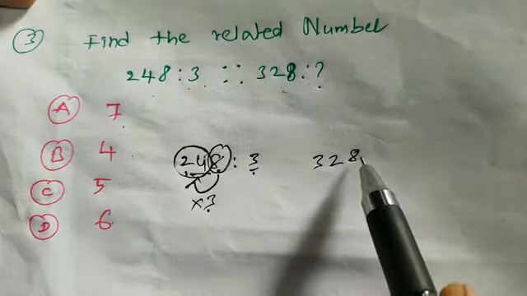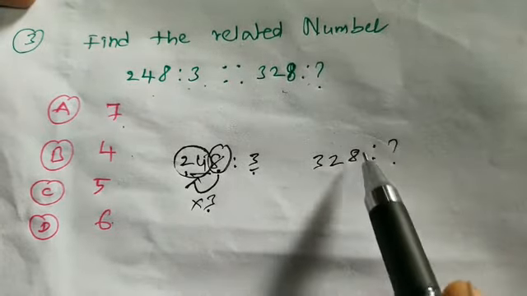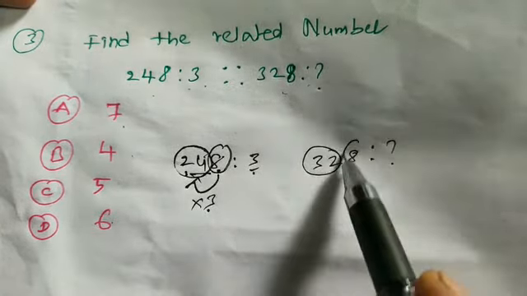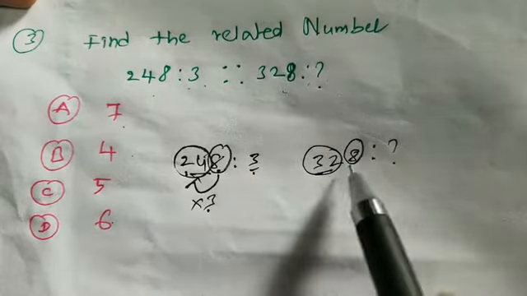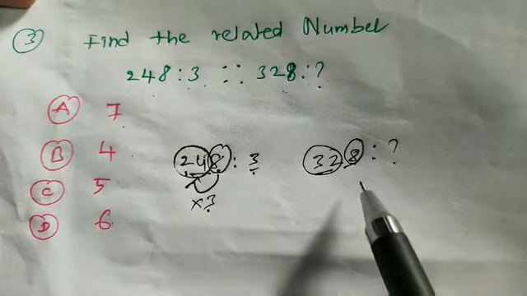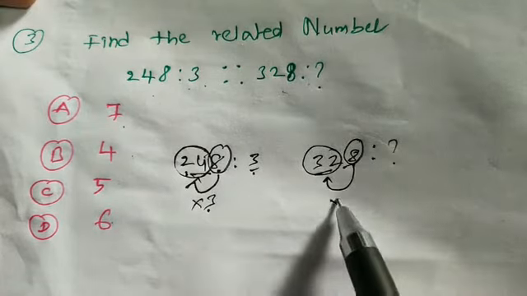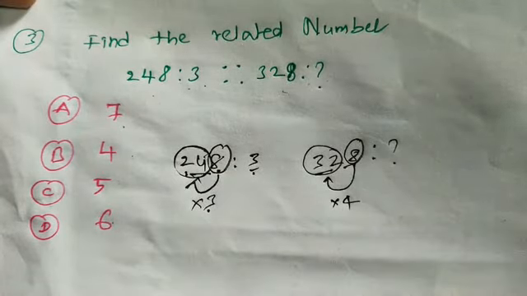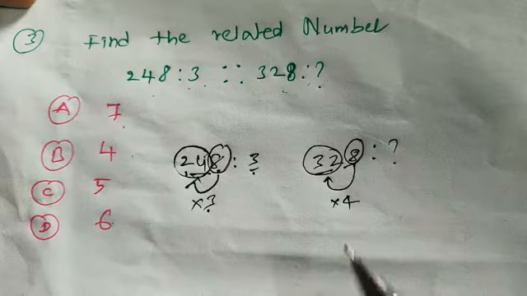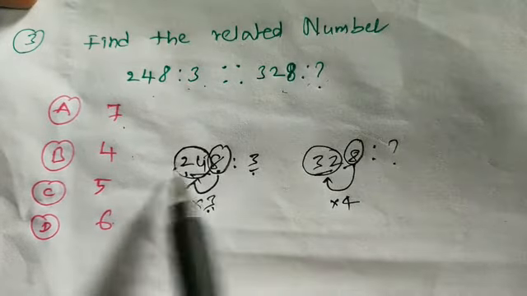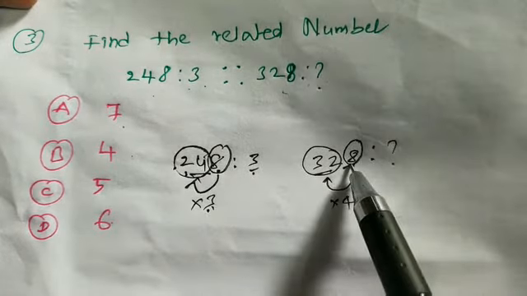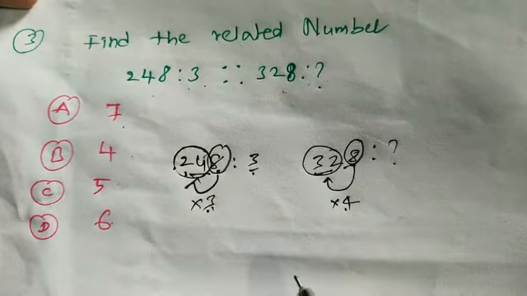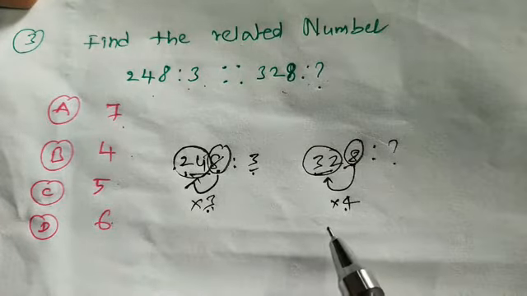In the same way, if we apply for this also, 32. Which number? For 8, 32 and 8, we see here. 8 4s 32. Is it or not? You are getting what I am saying? Here 8 3s 24. In the same way, we have to get 8 4s 32.